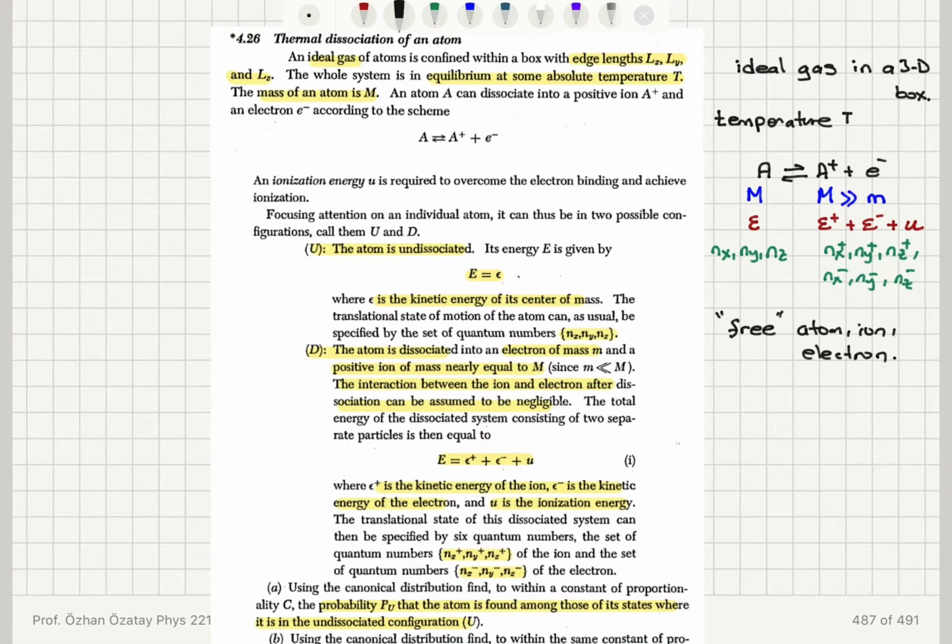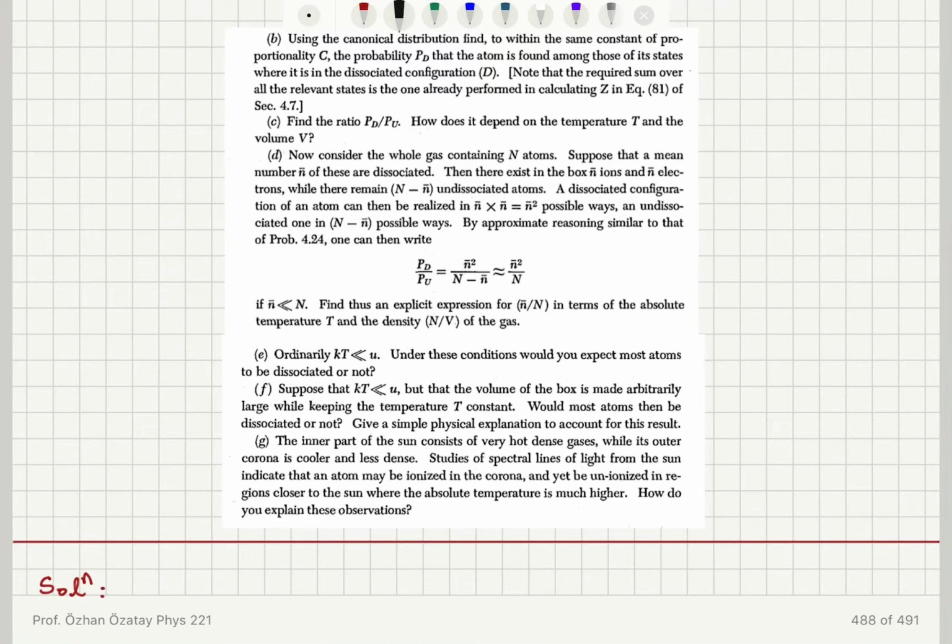Okay, so the first question was to find the probability of having it in the undissociated state. So for the undissociated state, if you write the energy levels for each quantum state, I have the energy pi squared h-bar squared divided by 2 times the mass of the atom, capital M, times n_x squared over L_x squared plus n_y squared over L_y squared plus n_z squared over L_z squared.